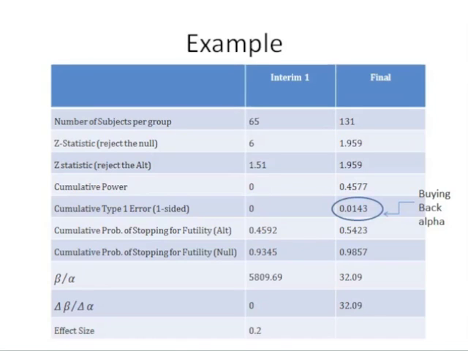Now, a frequentist still would not reject the null hypothesis because the power is too low. A Bayesian would not reject the null hypothesis because the futility boundary doesn't enter into their consideration. However, notice that the ratio of power to type 1 error has now increased from 25 to 32. So an analysis of power to type 1 error would lead one now to say that the evidence is sufficiently strong to reject the null hypothesis.